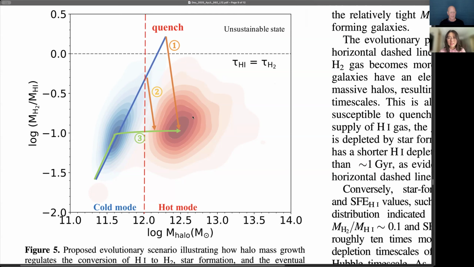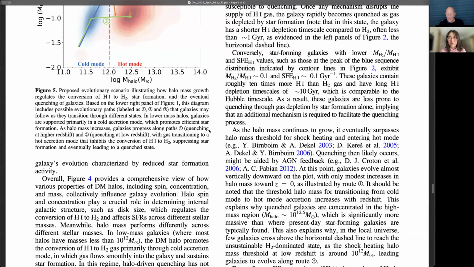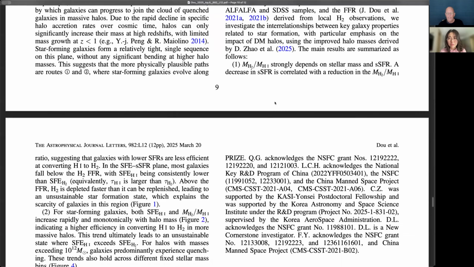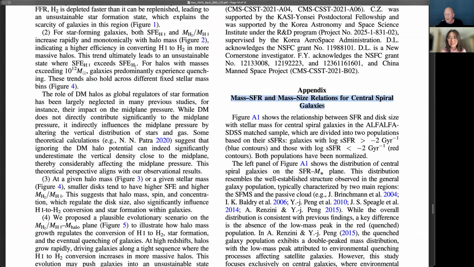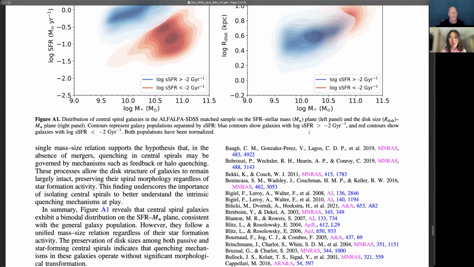So I think this diagram basically summarizes the main role of the dark matter in driving the star formation in galaxies. And about the appendix, we just show the mass-star formation rate relation and the stellar mass-disk size relation.